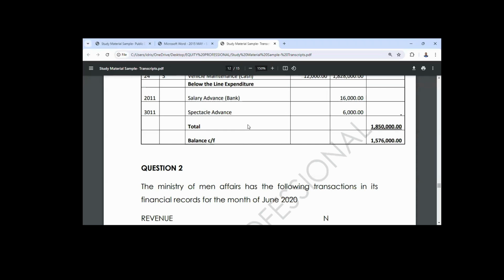I'm not saying questions will not come out from other areas too. I'm not saying questions will not come out from local government. I'm not saying you should not read all the syllabus. Please get me right. I'm not saying a question cannot come out on the transcript. A question can come out on the transcript.